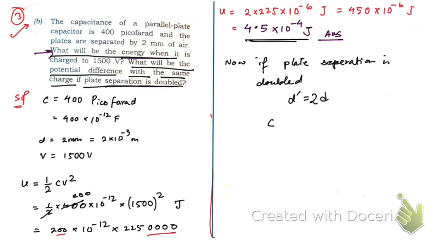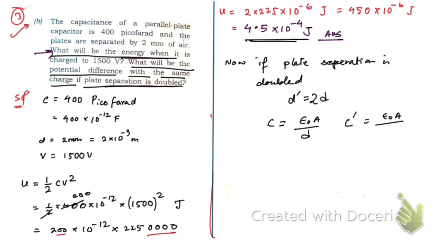And we know that capacitance C is equal to epsilon naught A by D. Then the new capacitance C dash will be equal to epsilon naught A by twice D, right?